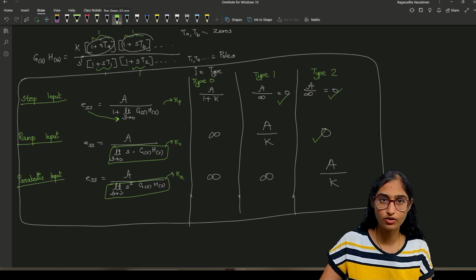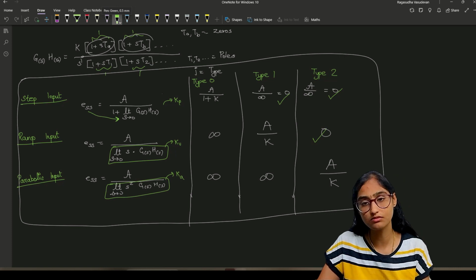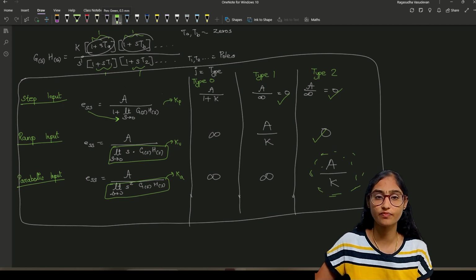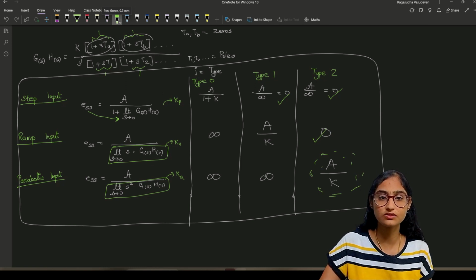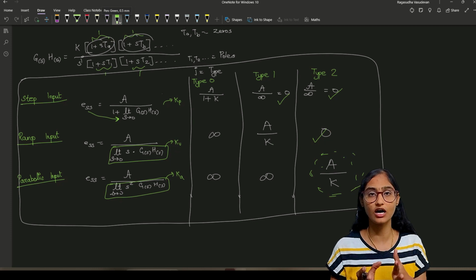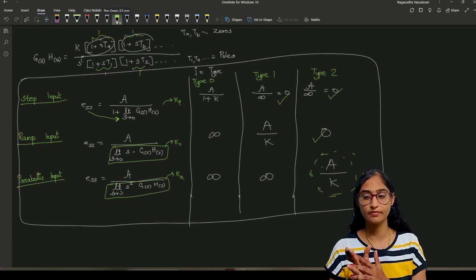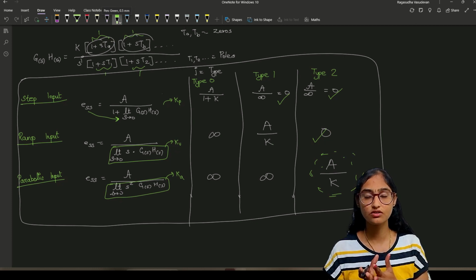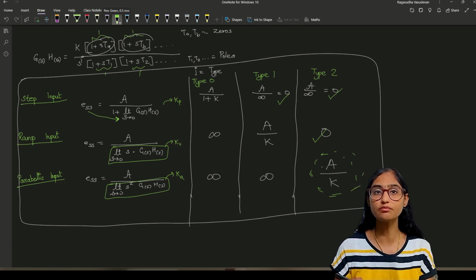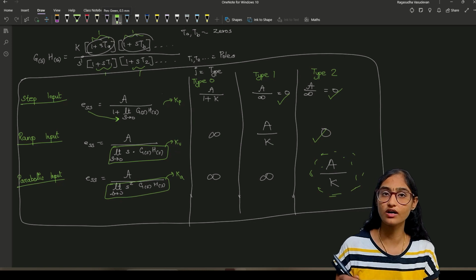When you have a parabolic input supplied to a type 2 system, the error is going to be very small, which is a by k, and you have to provide a correction to minimize that error. But for type 0 and type 1 systems, it is safe not to use ramp and parabolic inputs. Okay, so based on this chart, you can understand and apply which kind of inputs should be applied for which kind of systems. We will solve some problems in this concept to understand better.